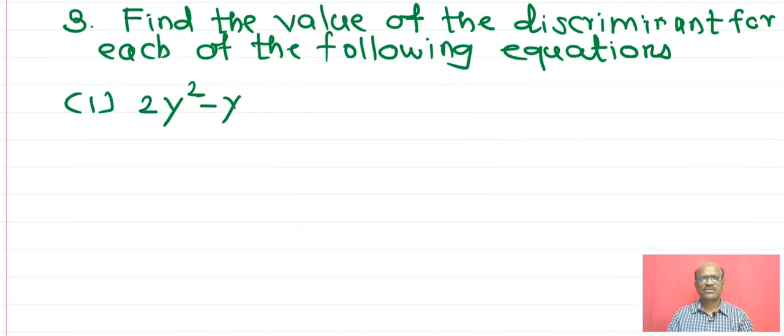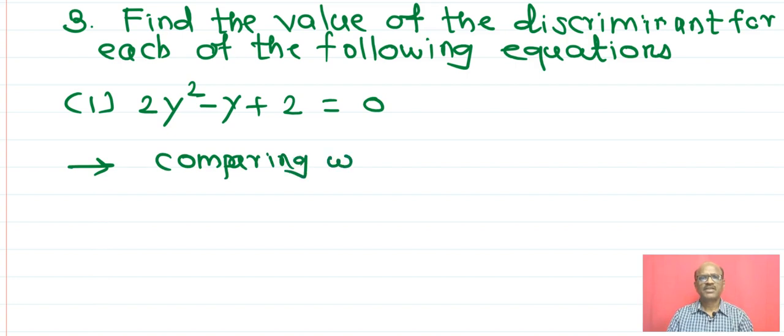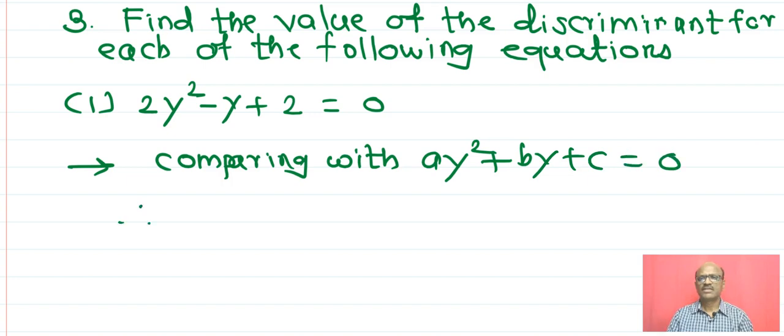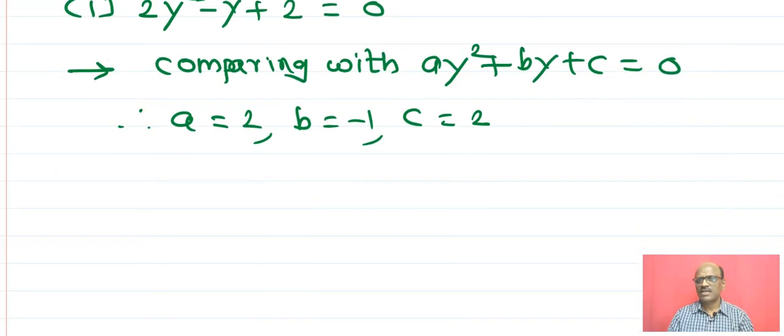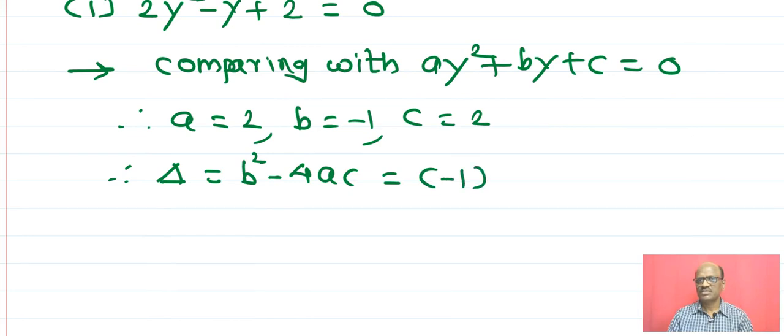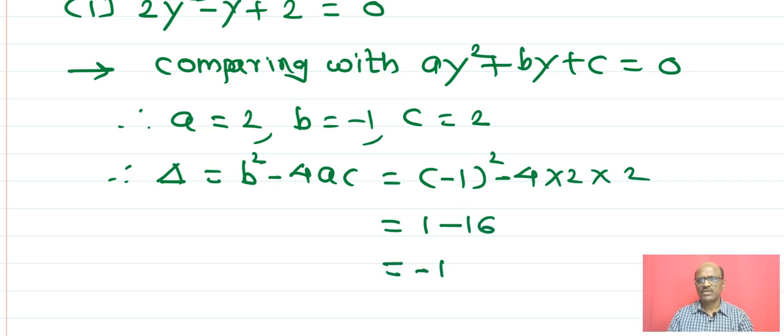First, 2y square minus y plus 2 equals to 0. Comparing with ay square plus by plus c equals to 0. Discriminant means b square minus 4ac. The value of a is 2, b is minus 1, c is 2. Therefore, b square minus 4ac means minus 1 square minus 4 into 2 into 2, that is 1 minus 16, that is equal to minus 15.